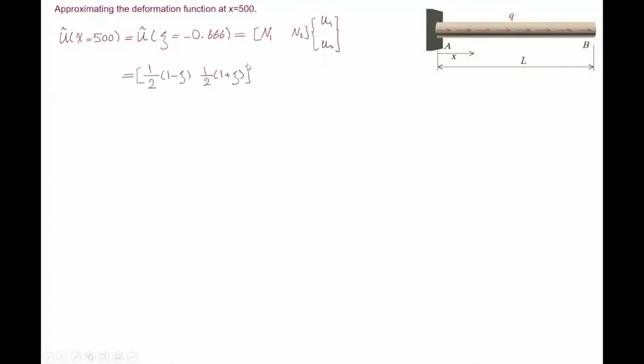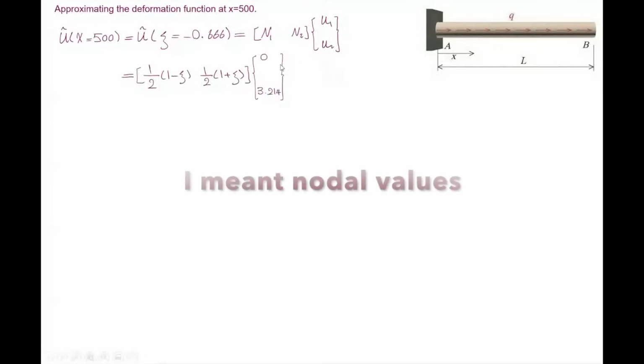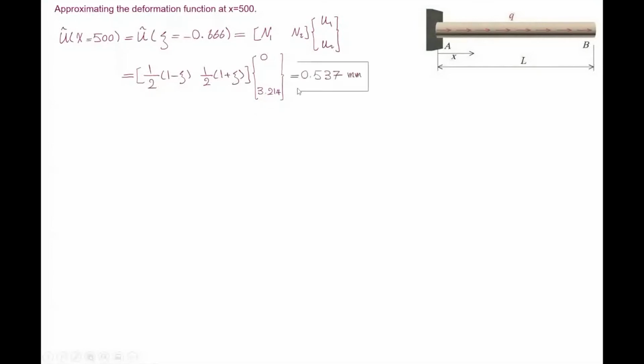The shape functions are the standard shape functions that we have defined before, and those are going to be multiplied by the nodal values that we have calculated before. These shape functions are going to be calculated as numbers. So I'm going to insert the value of psi into N1 and N2 and do the calculation and write down the answer here. So this is going to be the value of the approximated displacement at x equal to 500.